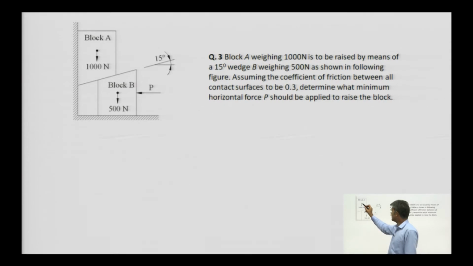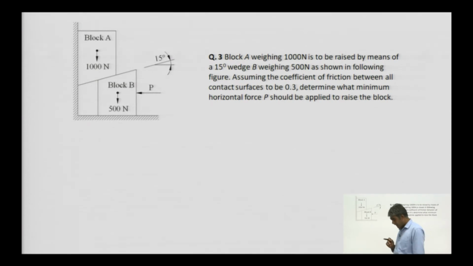This is the lighter and this is the heavier block, placed in this manner. The contacting surface is inclined at an angle of 15 degrees. So, this block is working as a wedge. This example is the case of wedge friction.